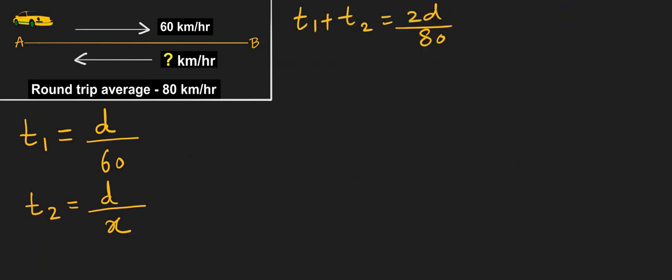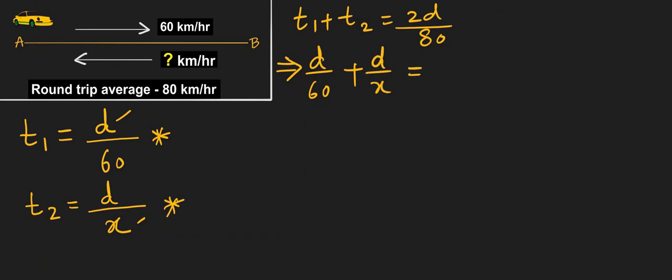Next, let us substitute the values of t1 and t2 in terms of d and x in this equation. So we can write this as t1, which is d over 60, plus t2, which is d over x, equals 2d over 80.